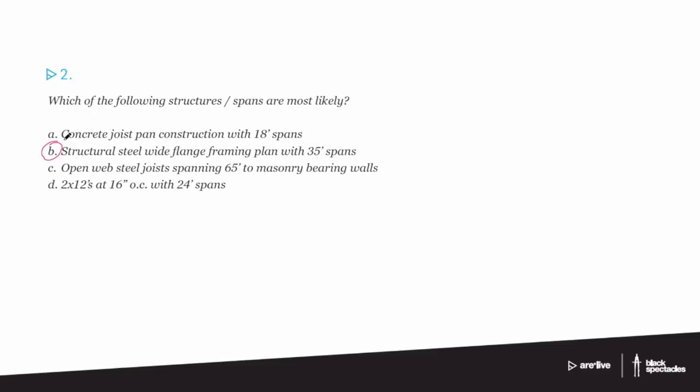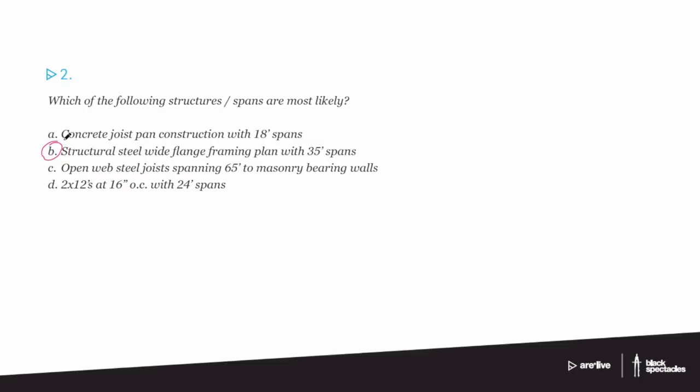The 18-foot spans are just too small for this kind of use. The 2x12s just don't make any sense for a 4-story new construction building from a fire rating standpoint. And the 65-foot spans with open web steel joists: we might do something like that if there was some very pronounced reason put into the program saying we really want long spans, but that's going to be much more expensive and difficult.